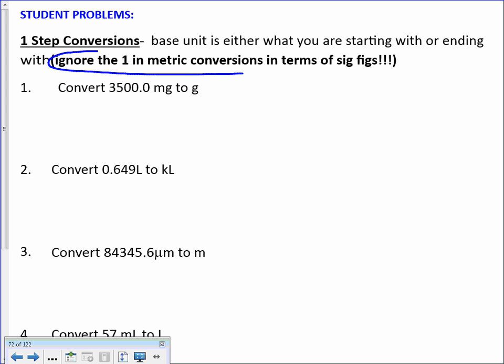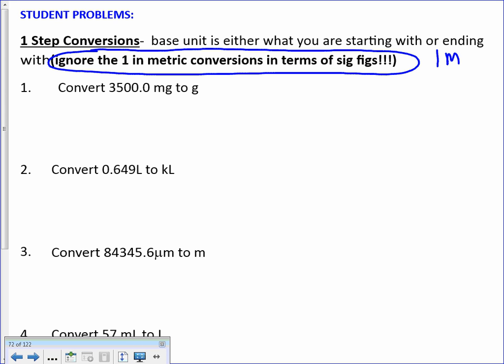Whenever you write down a conversion factor, such as 1 meter, how many centimeters are in 1 meter? 100. Good.